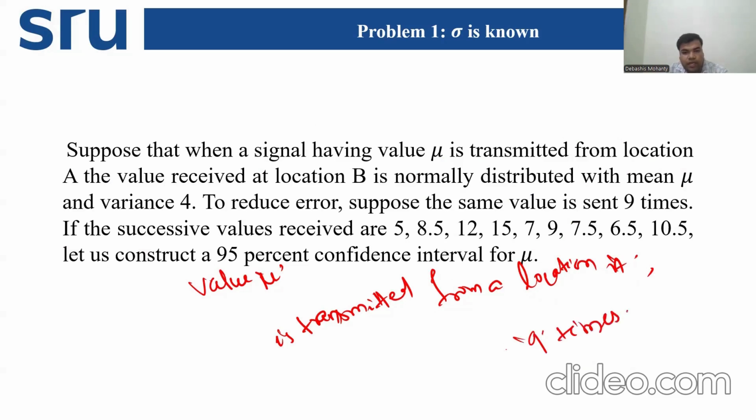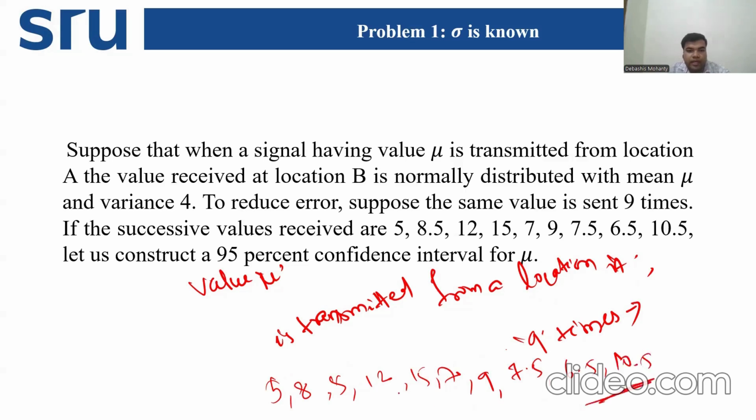The given values are 5, 8.5, 12, 15, 7, 9, 7.5, 6.5, 10.5. And we want the 95% confidence interval.